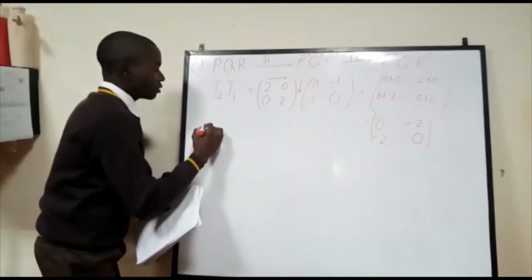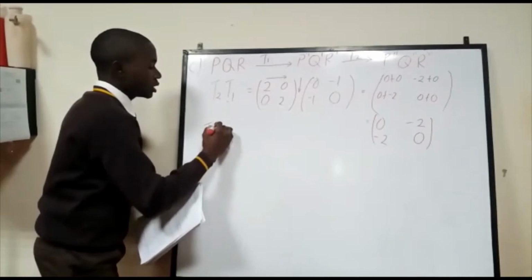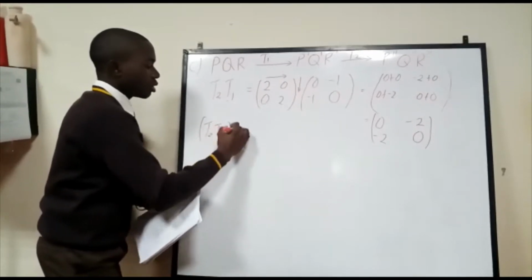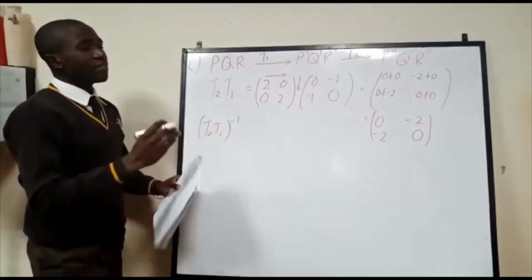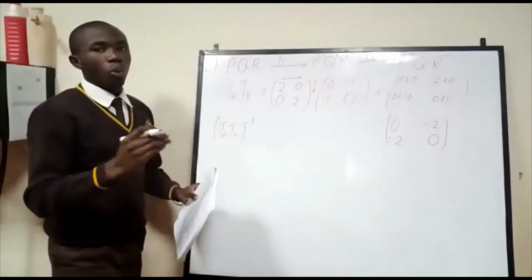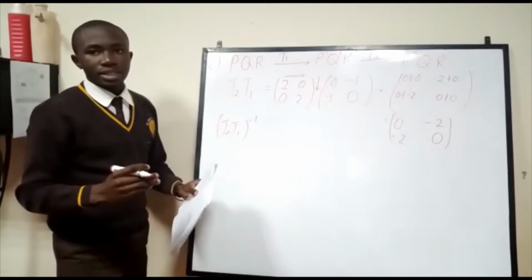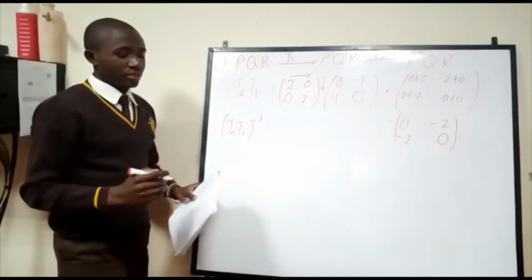So we have T2, T1, and we indicate that we are finding the inverse. But we all know that the inverse is equal to 1 over the determinant times the adjoint.